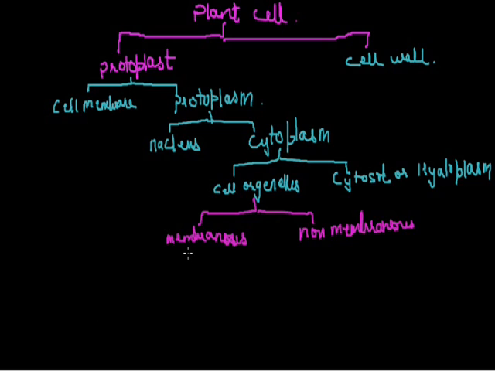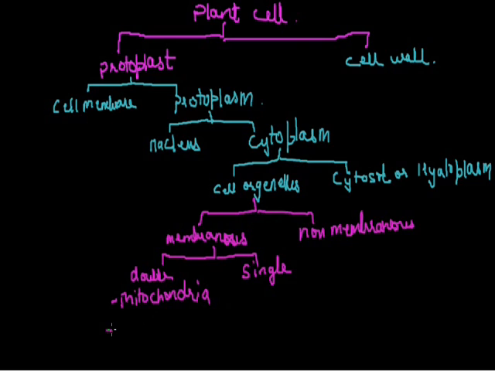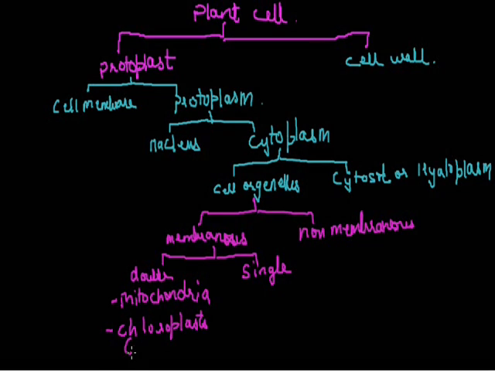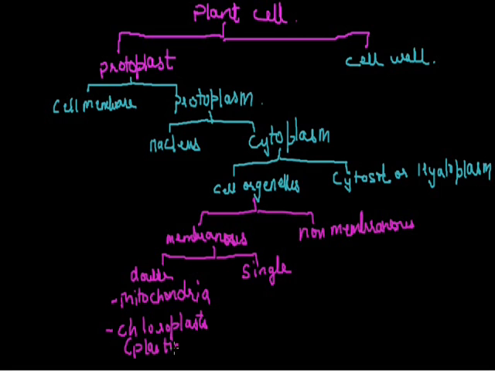Now let us see which are the membranous. Okay, the membranous may contain a double membrane or may contain a single membrane. So the double membranous organelles are the mitochondria. Second, the chloroplasts. Or we can say the plastids.